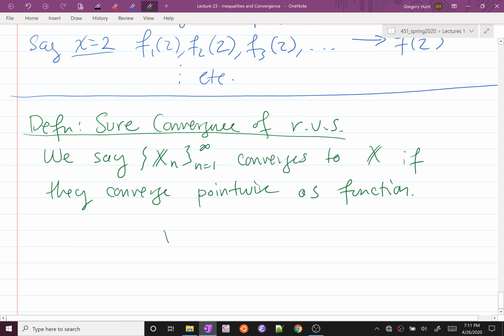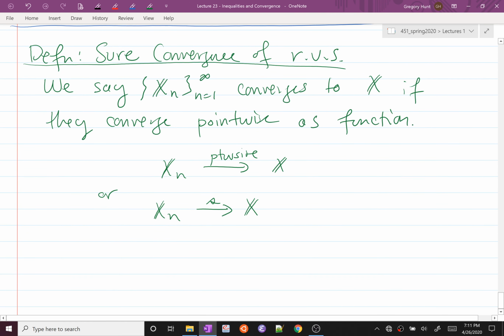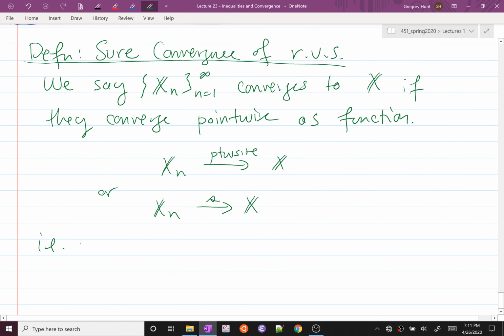And you could write X_n converges pointwise to X, or X_n converges with an s over it, for surely, to X. And what this means mathematically is that X_n of s converges as a sequence of numbers to X of s, which is just another number, and this is true for all s in my sample space.